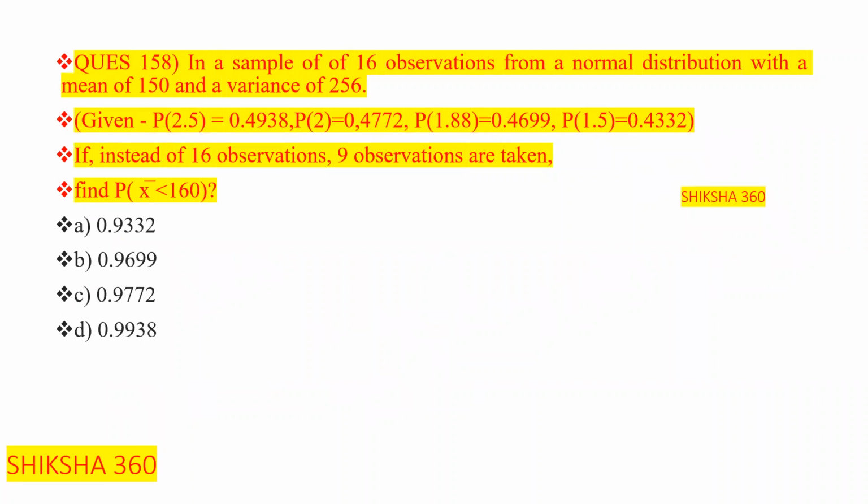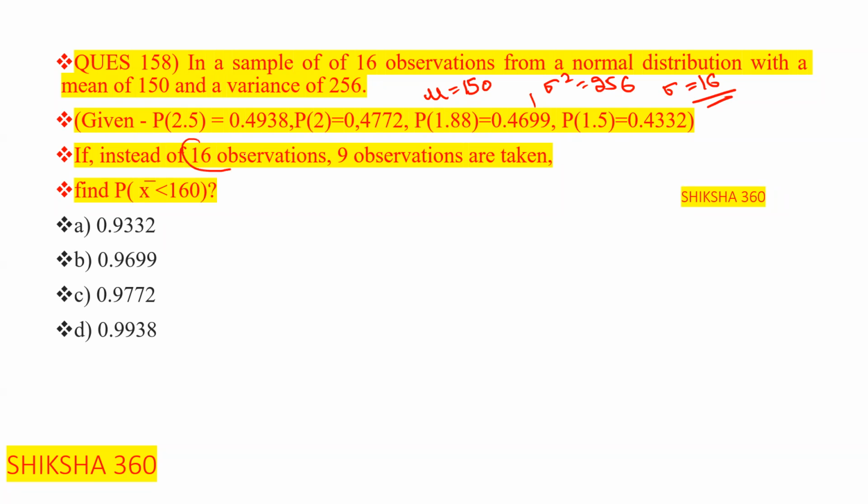In a sample of 16 observations from a normal distribution with mean mu of 150, and sigma square of 256, which leads to sigma equal to 16. The probability value here is given.